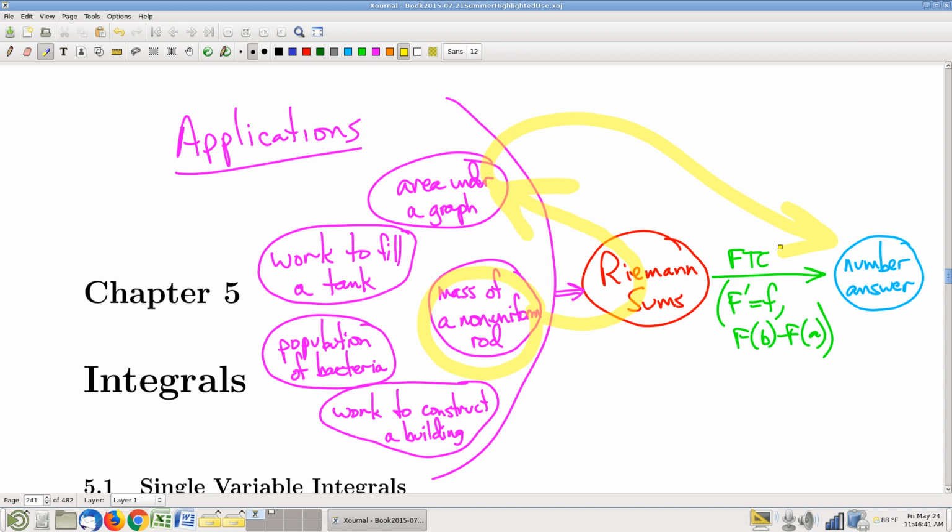There is no immediate connection here. Minus Riemann sums, there's no way to relate mass to area in that context. So Riemann sums are unavoidably essential in these discussions.